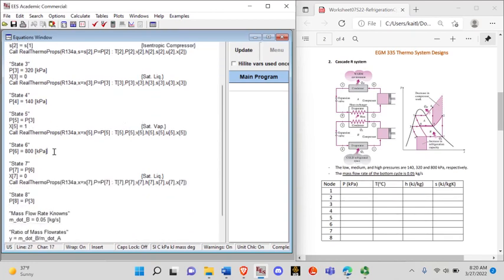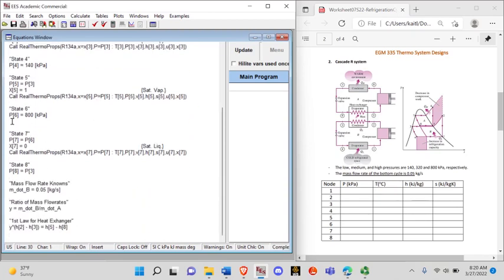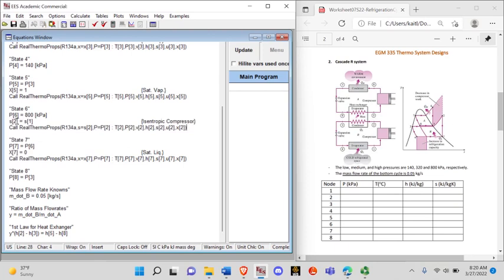So we know state 5, we don't know state 6. We can also just copy and paste this now that we have constant entropy. Make sure you change your array values. So entropy at state 6 equals entropy at state 5. Change all this to state 6.